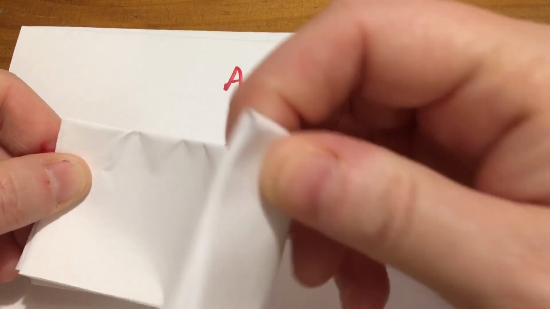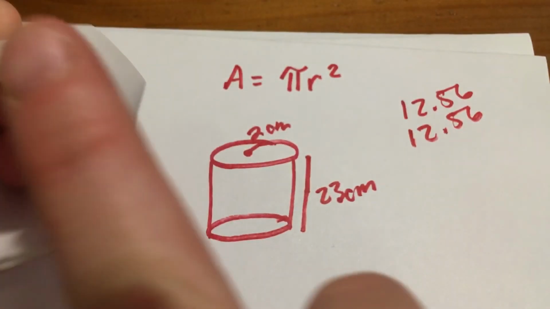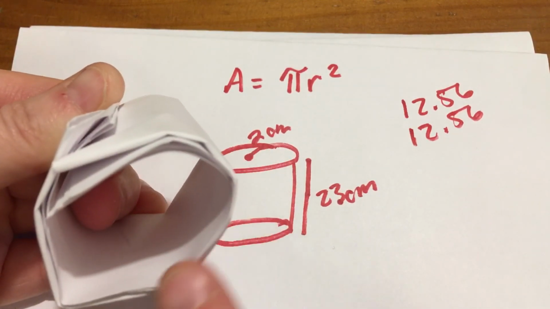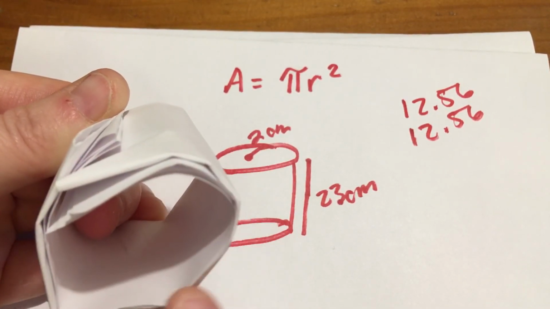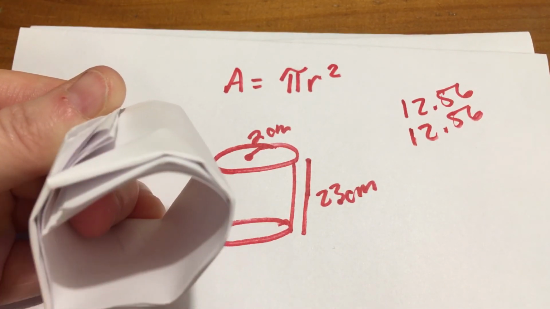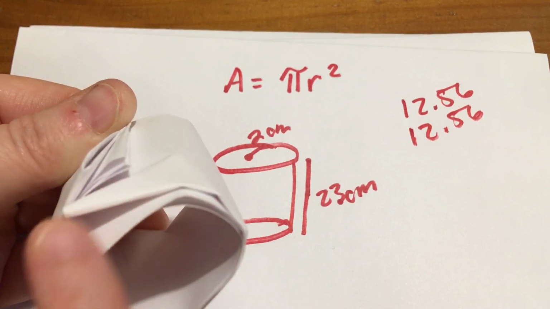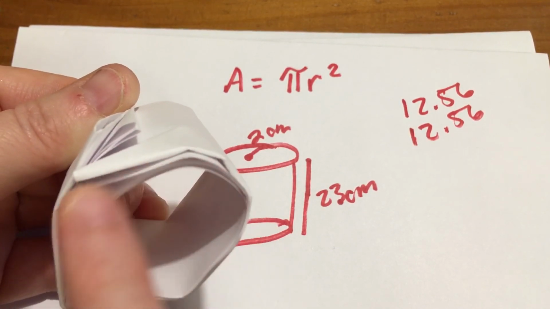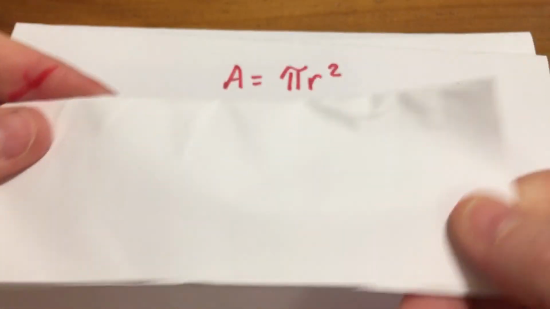Well, what is the length of the cylinder? This is the length right here. Do you see that? That's the length. Okay? What part of a circle would we be finding if we're finding the outside of it? The circumference. Do you see that? So when we open it up, this is our rectangle.